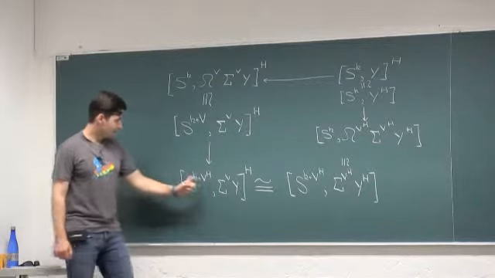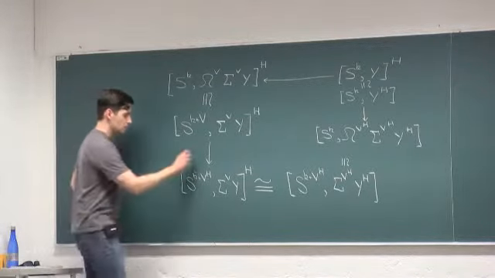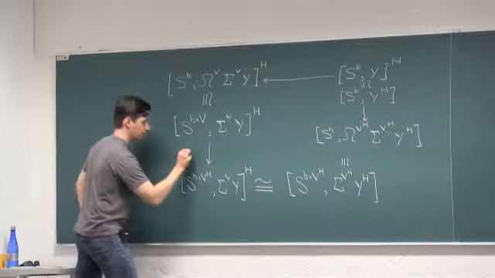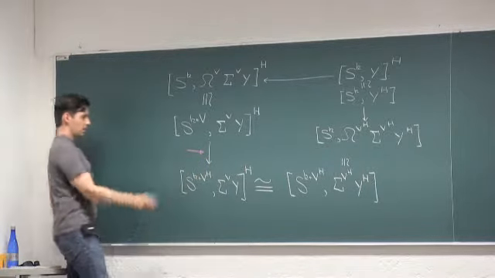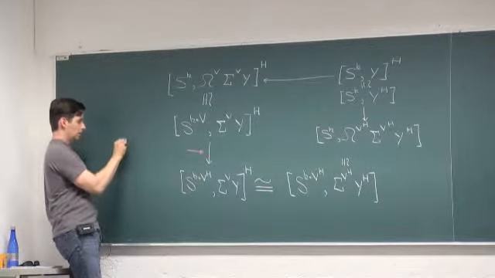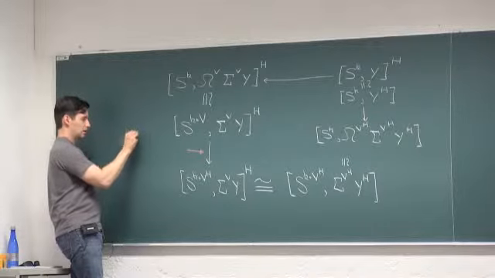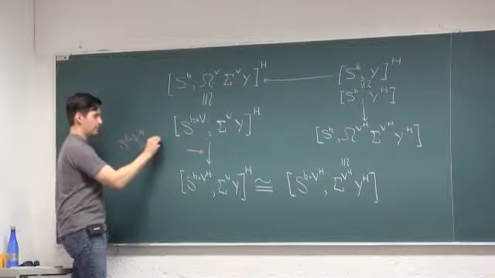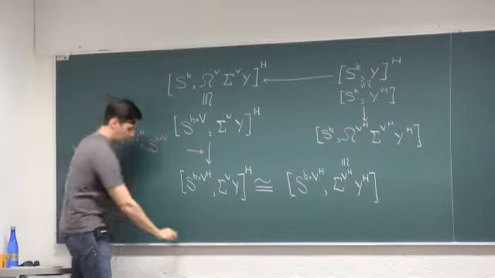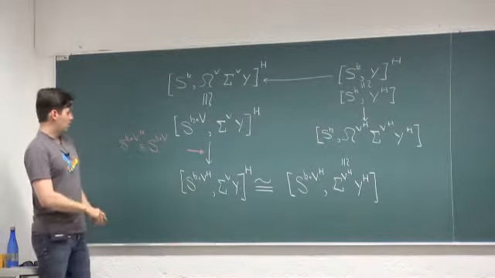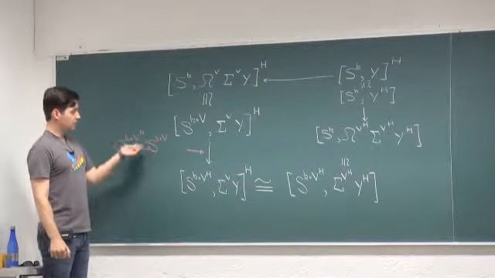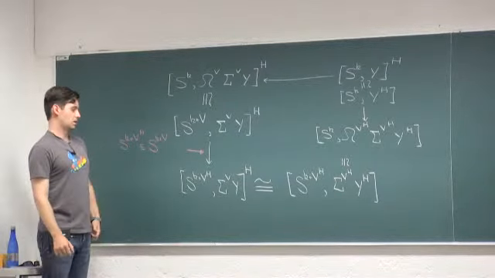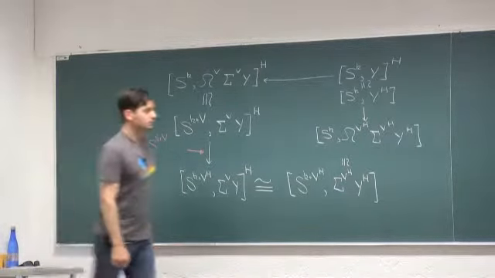And so now I see this map is induced by the inclusion S^K_+ ∧ S^{V^H} sitting inside S^K_+ ∧ S^V. And so I want to know, when does this inclusion induce an isomorphism on homotopy groups?